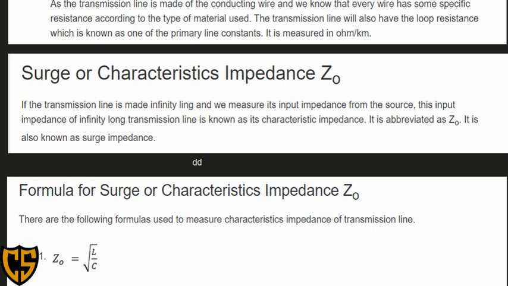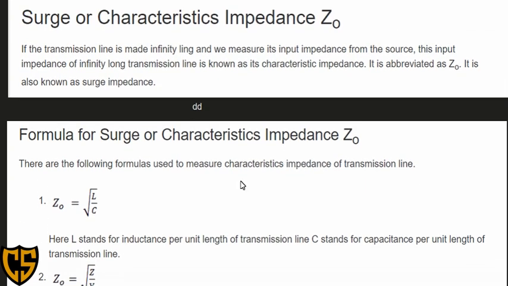So it is the ratio of your voltage to current at every point along the line. It is also known as the surge impedance, or wave impedance. So characteristic impedance is the impedance that we look at. For example, you have a line, so you have two lines for example.